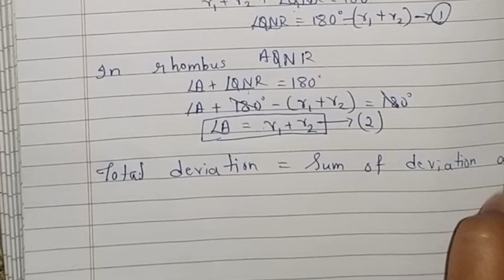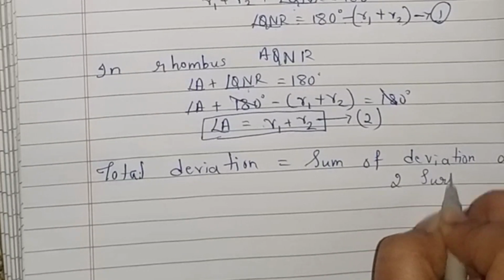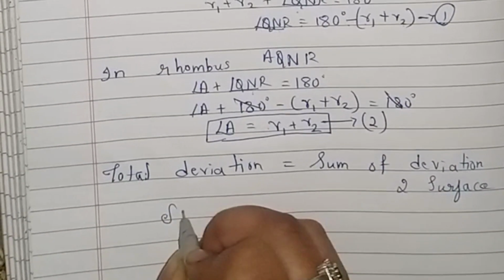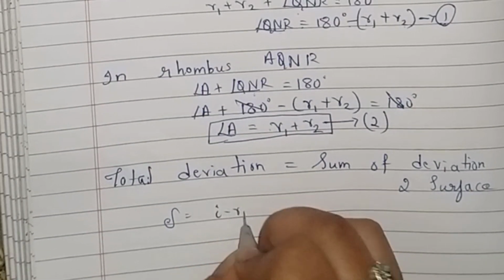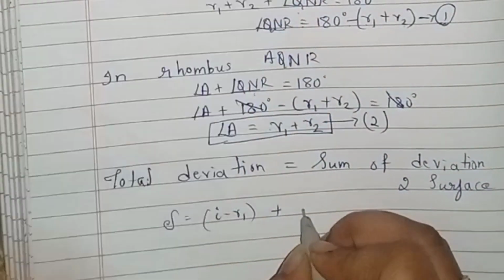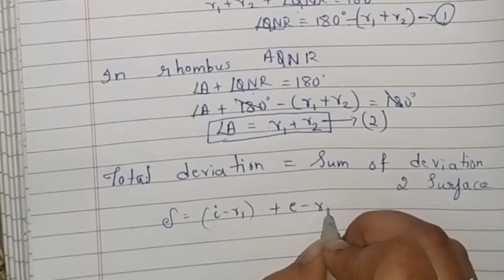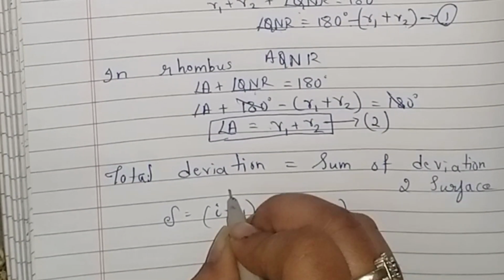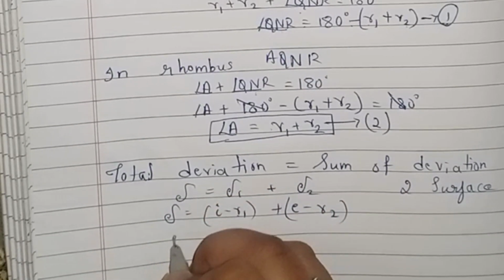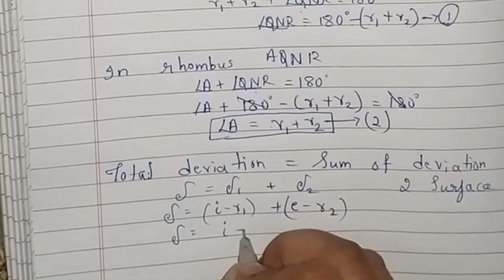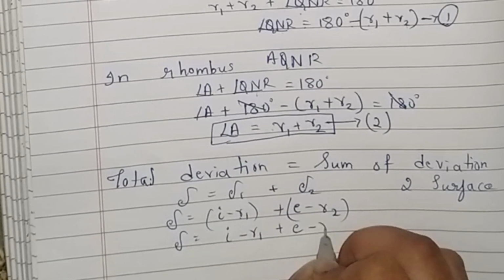Okay, deviation at the two surfaces. The total deviation is I minus R1 plus E minus R2. This is the deviation at surface 1 and the deviation at surface 2. So deviation is I minus R1 plus E minus R2.